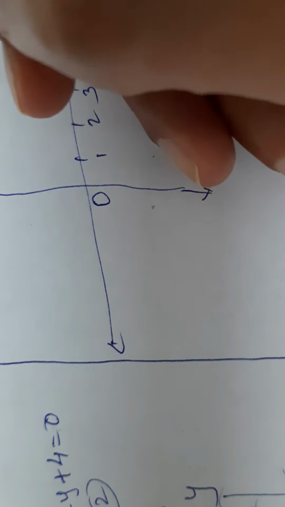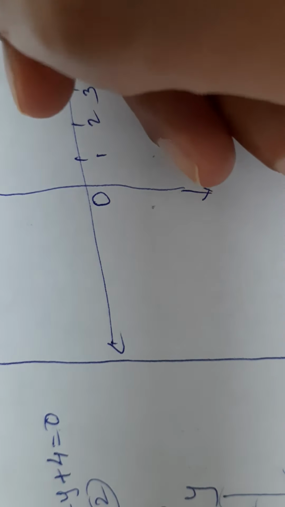On left of x-axis again -1, -2. So this will be your y-axis. Now plot this point. First point is 6, 4. So 6, 4 like that. Now you know the procedure.